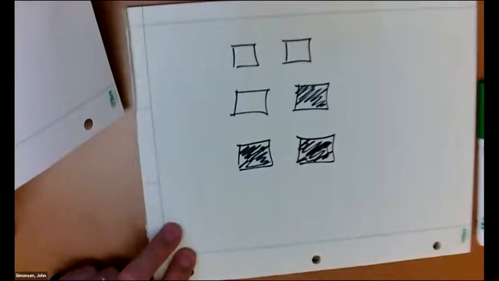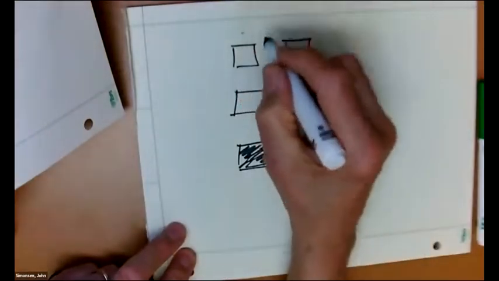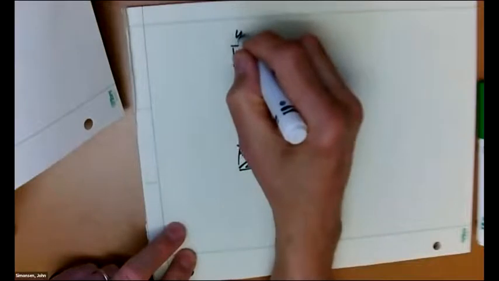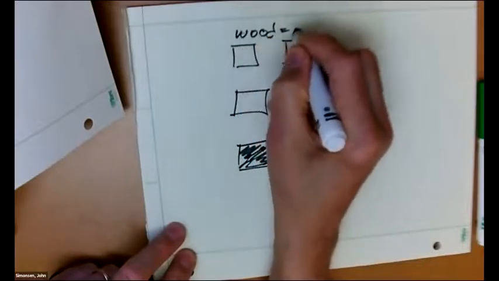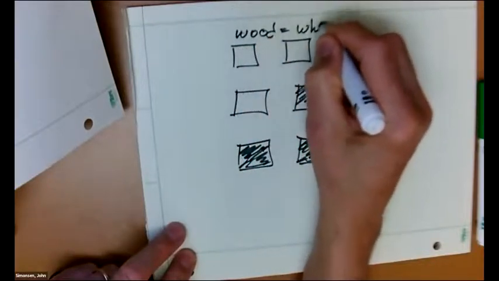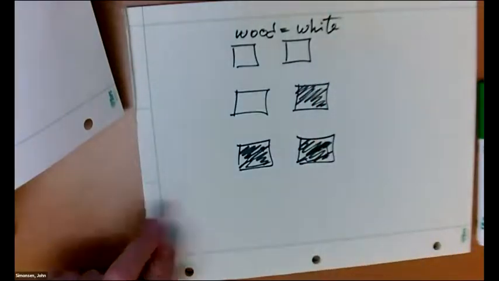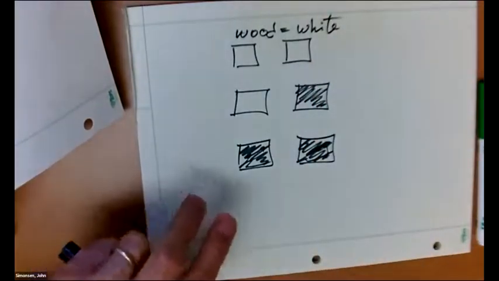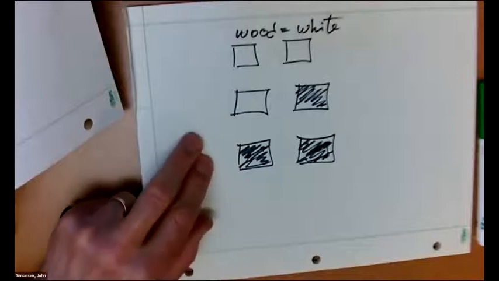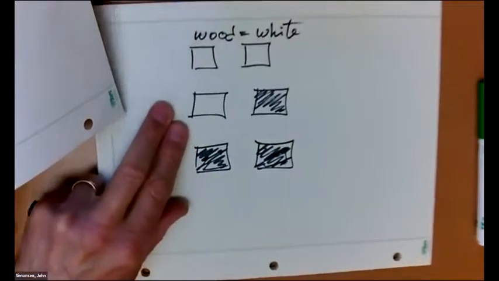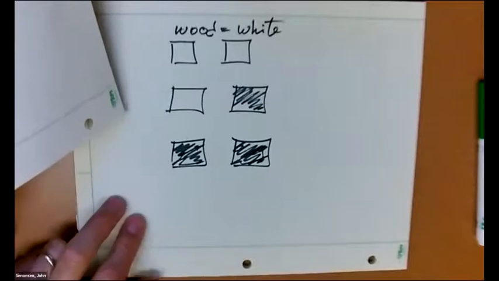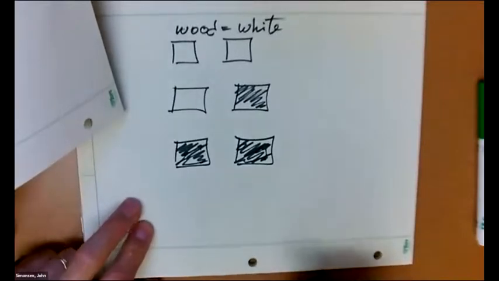If the wood is white, or the color of the pad, and the adhesive is black, then you've got different kinds of failure.